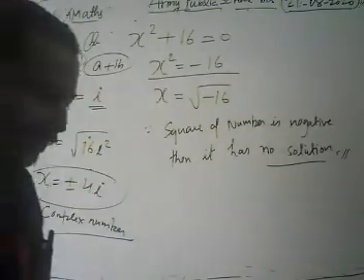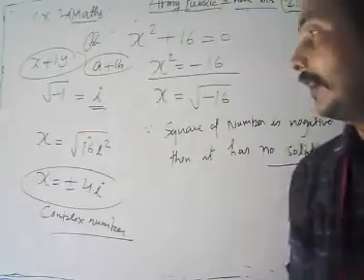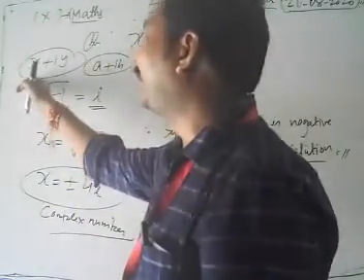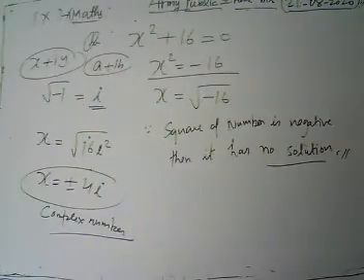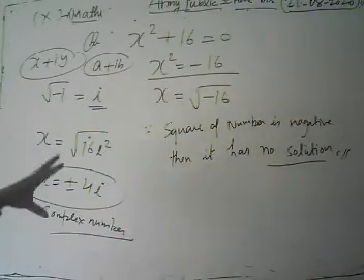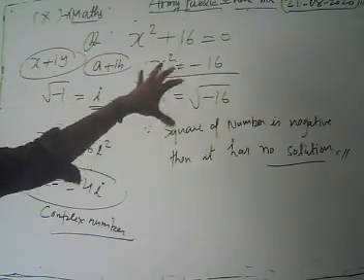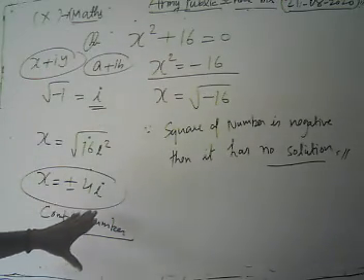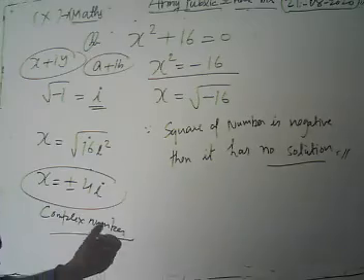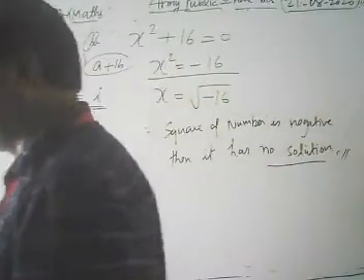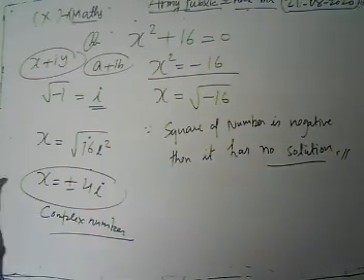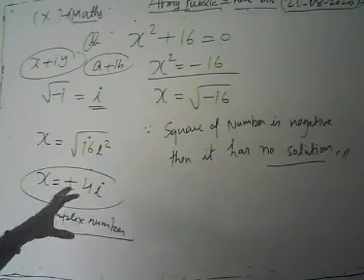Any number which can be expressed in the form a plus ib, where the first part is real and the second part is imaginary, is called a complex number. So x square plus 16 does have a solution, whenever x belongs to the complex numbers.